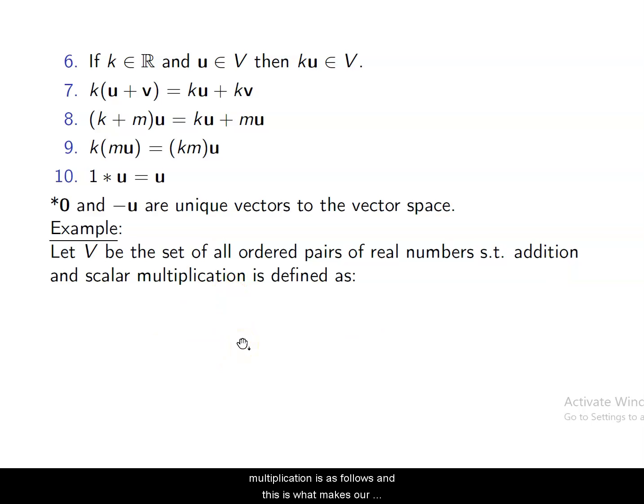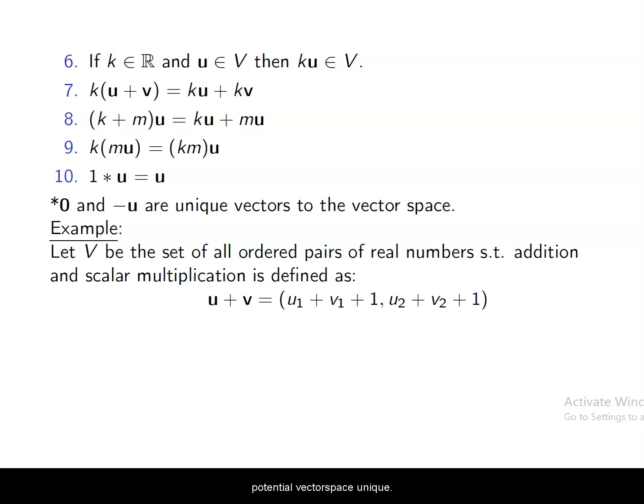And this is what makes our potential vector space unique. If I take two vectors, two objects from this set of objects, and add them together, you can see that the standard definition of vector addition holds, except you're adding 1 to everything.